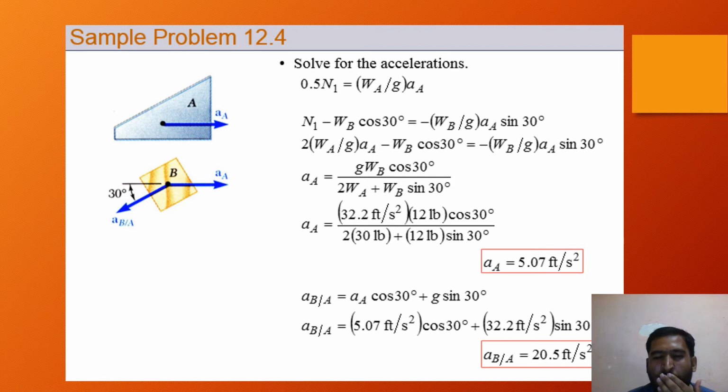So you solve the acceleration here: 5.07 feet per second squared, and that is the equation. The value that you got, you put here, because we need it, so you can get this value. Okay, let's move on.